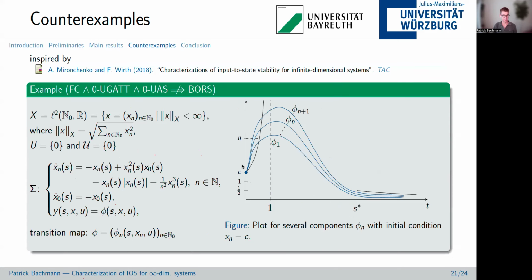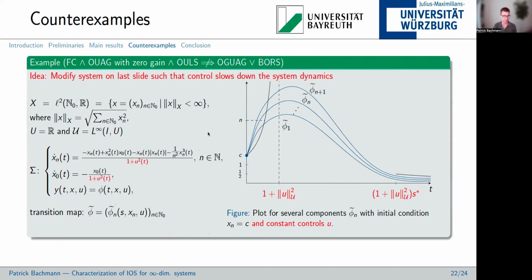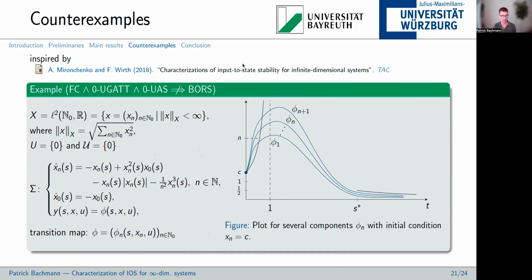So all of these were finite dimensional examples until now. Now we look at something a bit more difficult. Maybe I first show where we actually want to go. We want to show that the output uniform asymptotic gain property and the output global uniform asymptotic gain property are not equivalent.